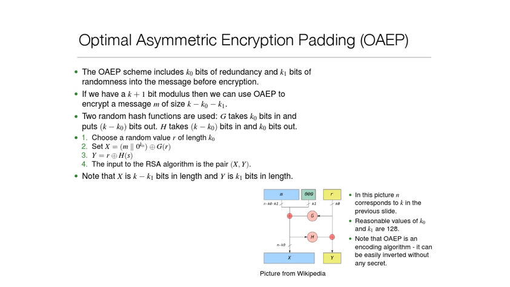First concatenate M and some zeros, and then there is some randomness value R, which is sent to the function G. The output of that function and this concatenated value will be XORed, and that value is sent to another function, and its output will be XORed again with the randomness R to get a value. Another value X comes from this concatenation, and then this X and Y will be sent as the message to be encrypted. So it is a complex but reversible operation.